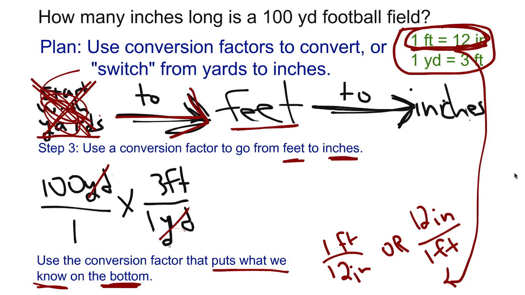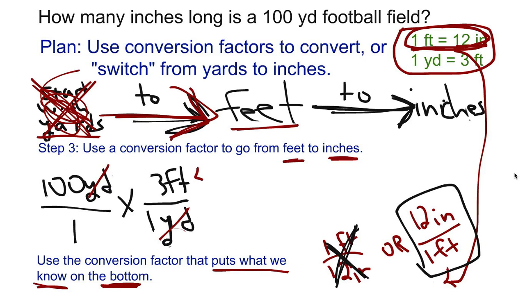Well, we went from yards to feet. We know feet. We just figured out feet. Therefore, we have to use this conversion factor because it puts feet, what we know, on the bottom. And we're going to throw that one away.